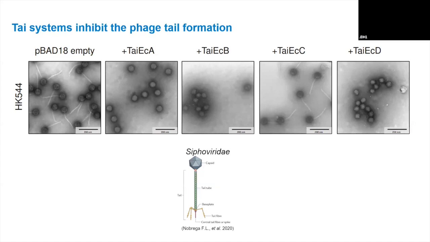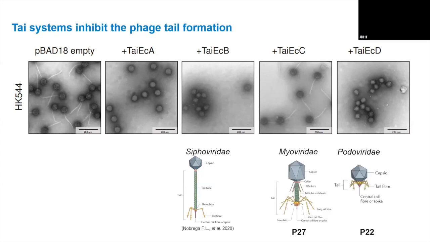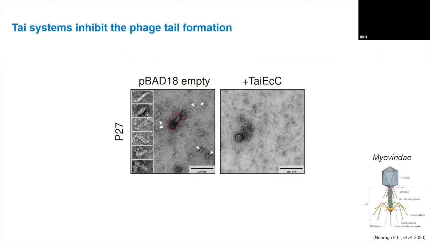And we also did the test with the ECC version with two different phages from two different phage families with totally different tails, and we found similar results. For P27, with the presence of the ECC, we can only see the capsid here.